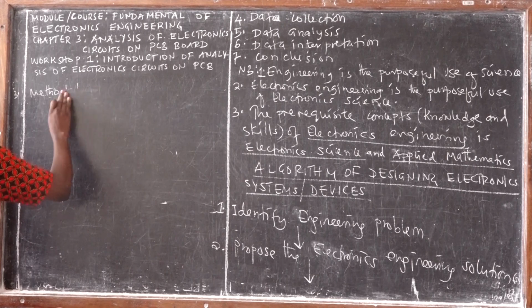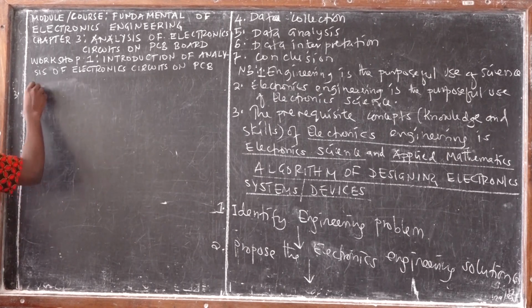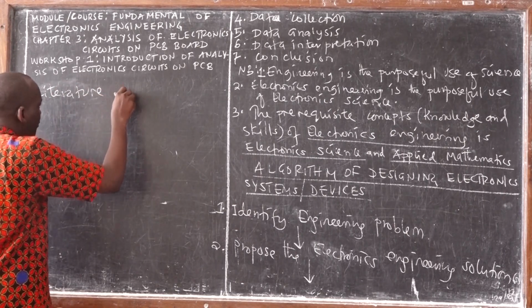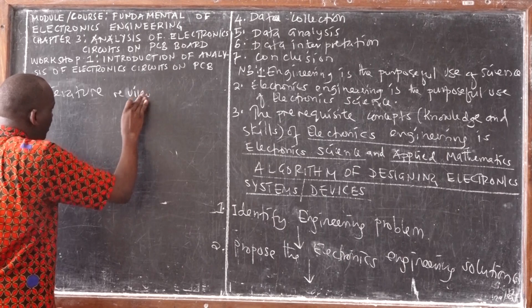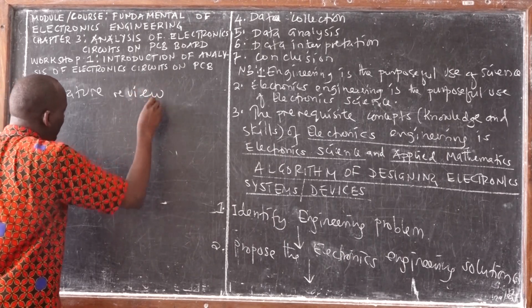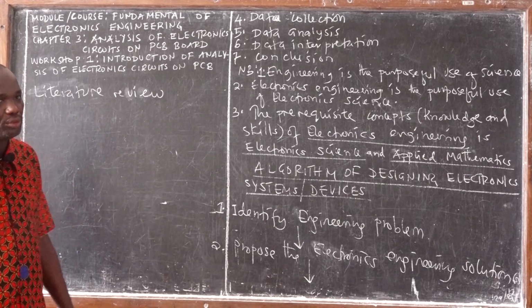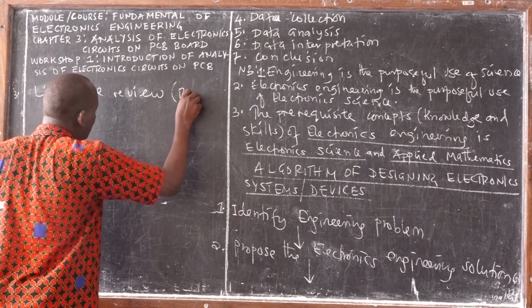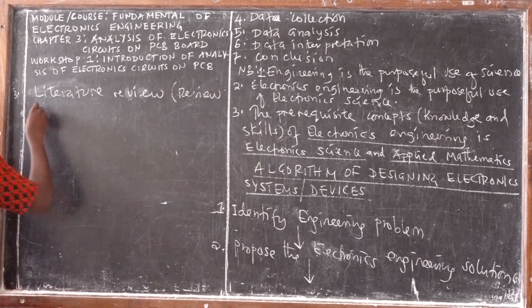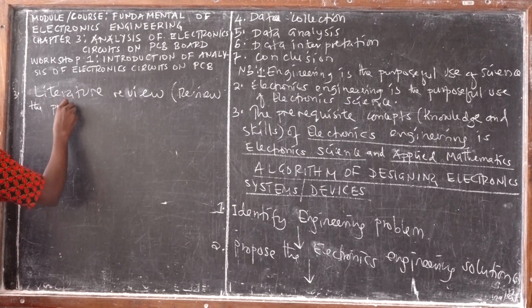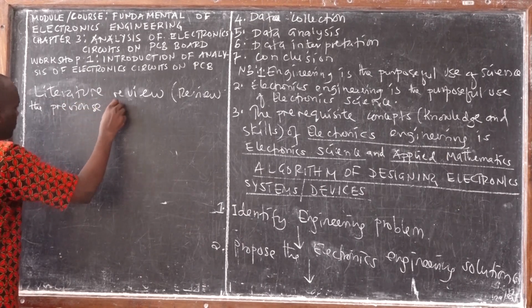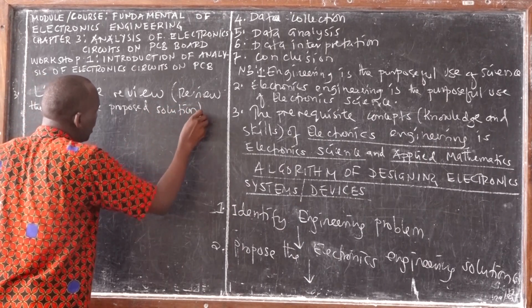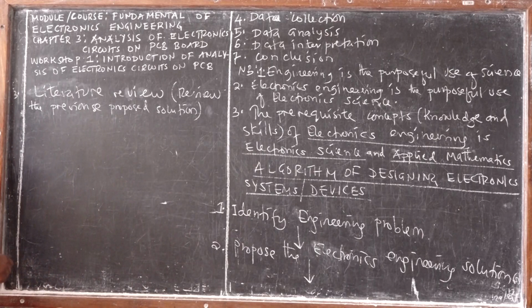So the third step, we call it methodology. In methodology, the first is literature review. Literature review means you review the previously proposed solutions about the problem.